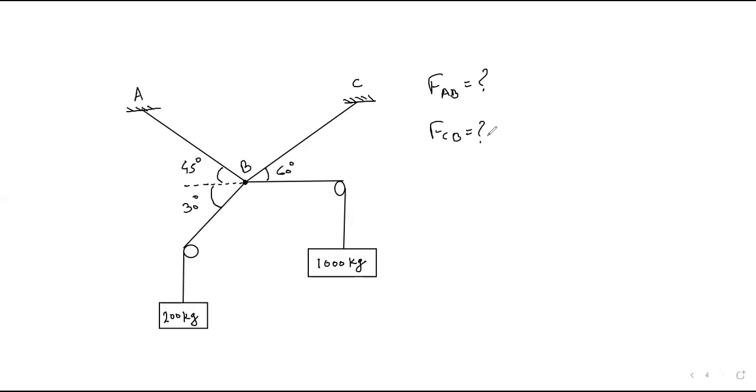The remaining two cables pass over the frictionless pulleys at E and F and support masses of 1200 kg. This is not 200, this is 1200 kg.